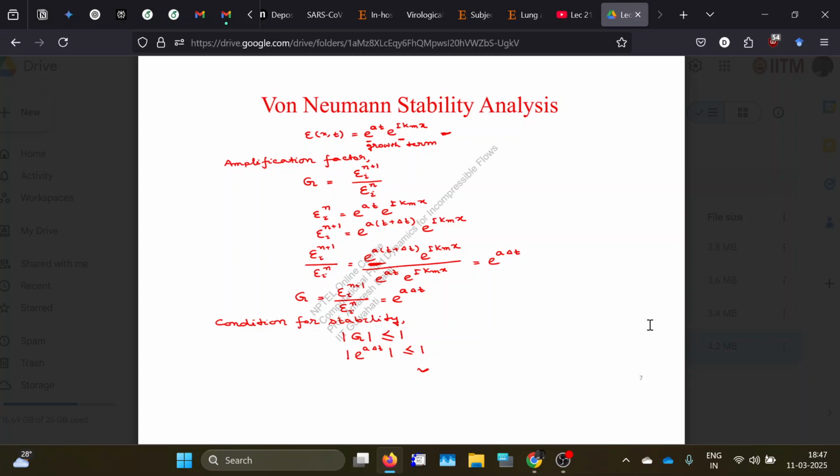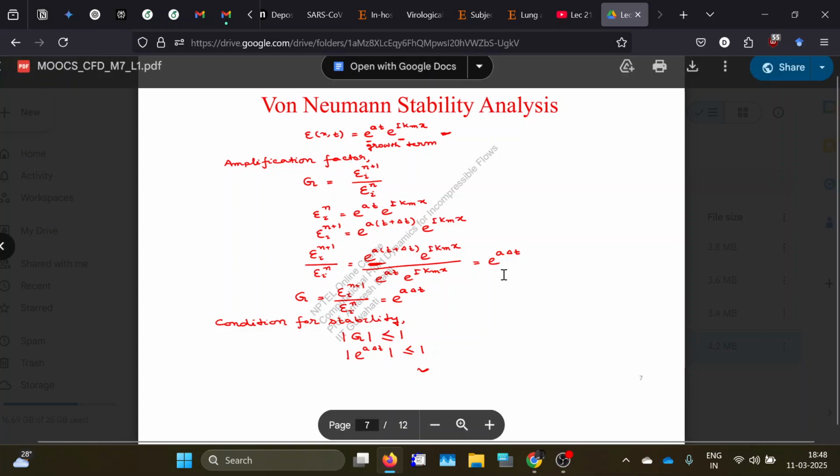Now we only focus on one wave because it is linear in time. Up to this step I understand. Now the question is, from where did this question come?